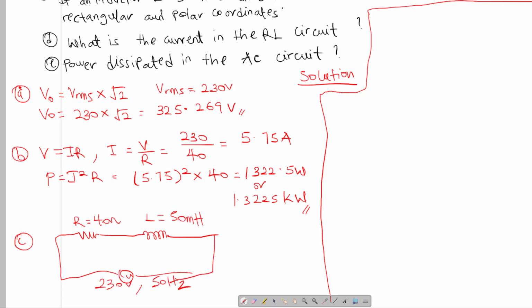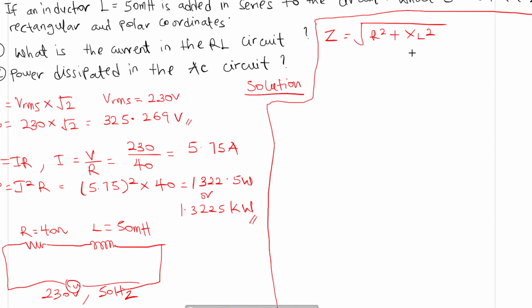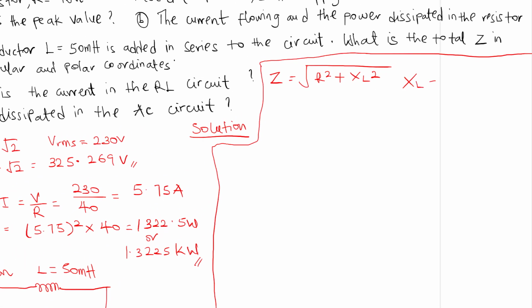So if we want the impedance, which is Z, having a resistor and an inductor in series, in the question they gave us the value of L, but we know that XL is equal to 2 pi FL. So I can find XL, that is 2 pi times F, which is 50 Hz, times 50 millihenries, that is 10 raised to the power minus 3. So I'll have my XL value to be ohms.